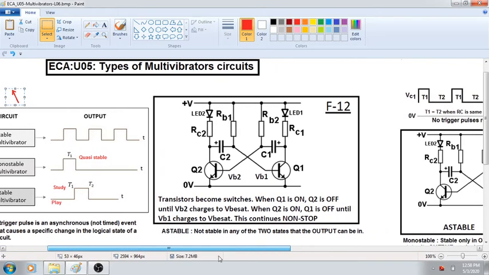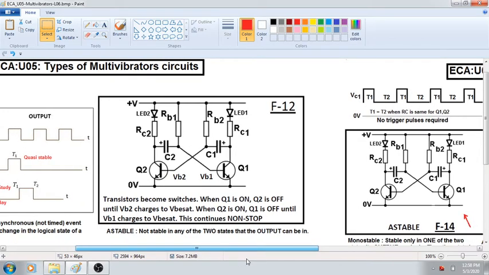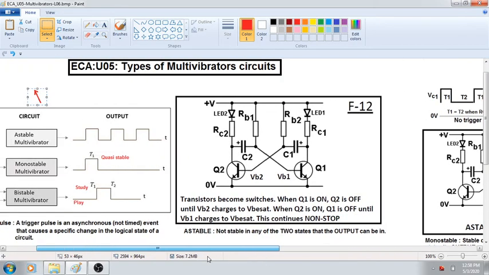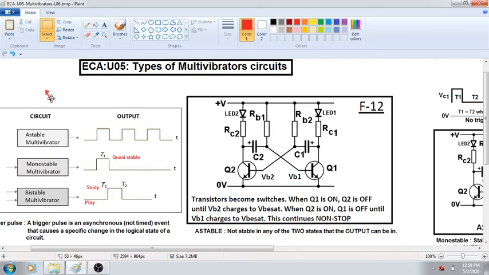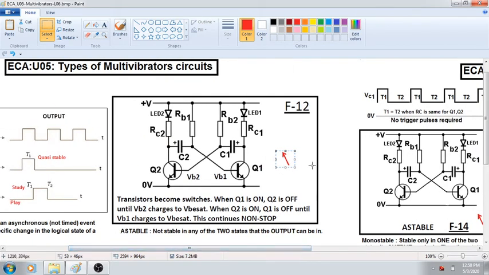Now coming to figure 12, which we have discussed earlier. We have seen that the first circuit that we have come across is called the astable multivibrator. In this circuit, we have cross coupled two transistors. The base of the second transistor is connected to the RC junction of the first transistor, and the base of the first transistor is connected to the RC junction of the second transistor.